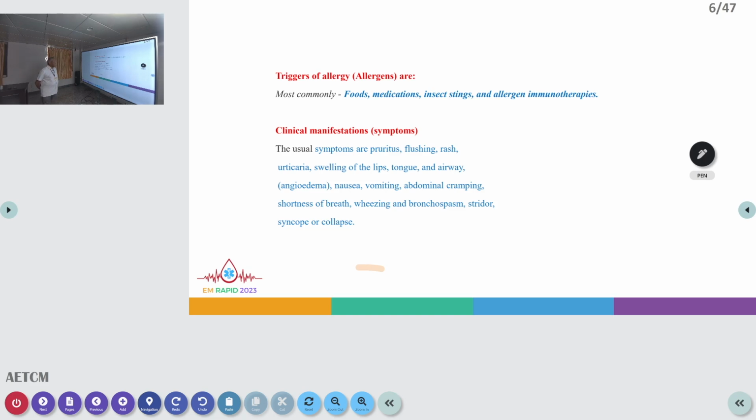The common manifestations of this group are pruritus, flushing, rashes, urticaria, swelling of the lips, tongue, airway, angioedema, and abdominal manifestations like cramping, nausea, vomiting, and respiratory problems like shortness of breath, wheezing, bronchospasm, stridor, airway compromise or hypotension, syncope and collapse.